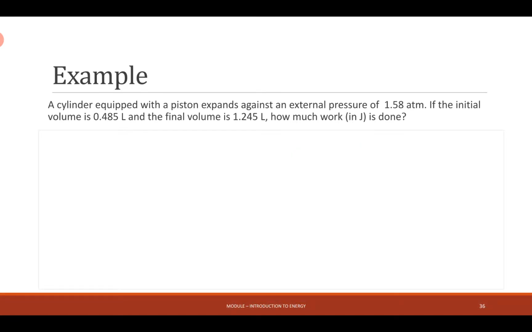Let's do an example problem. It reads, a cylinder equipped with a piston expands against an external pressure of 1.58 atmospheres. So that's my P. If the initial volume is this, that's V initial, and the final volume is this, how much work in joules is done?